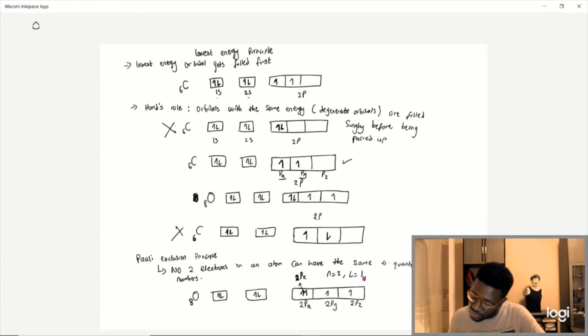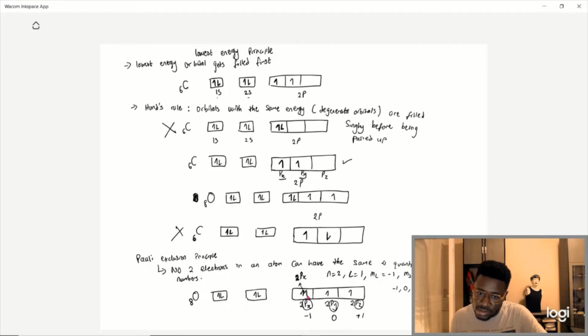We know that the values of ml when L is equal to 1 range from -1, 0, and +1. So this px is going to be -1, py is going to be 0, this pz is going to be +1. So our ml for px is going to be -1. And then our ms is going to be, since it's up, we say up is +half.